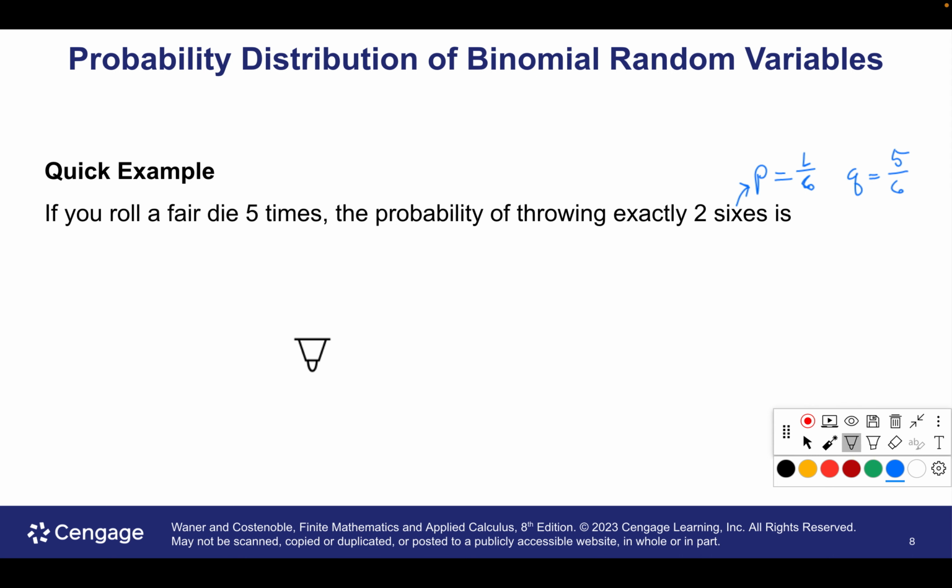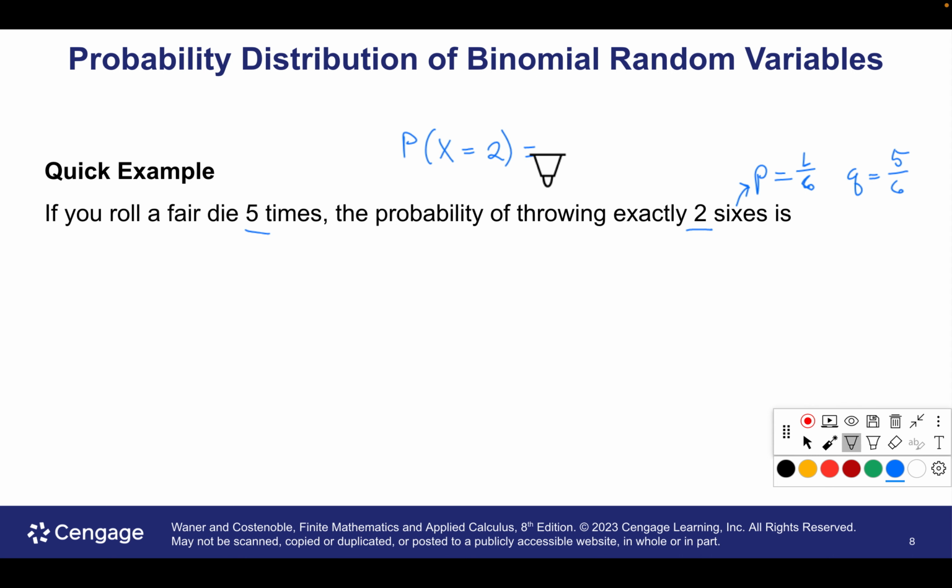And I think that sets it up. But so we're going to do this 5 times, right? And we're going to throw exactly 2 6s. So that means that what we're looking for is that the random variable is equal to 2. So what's the probability that the random variable equals 2? It's the same thing as saying what's the probability of getting 2 6s when we roll the die 5 times.